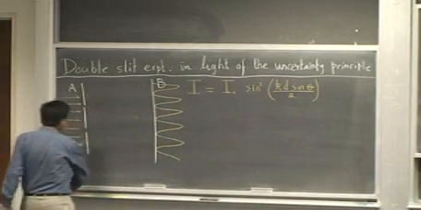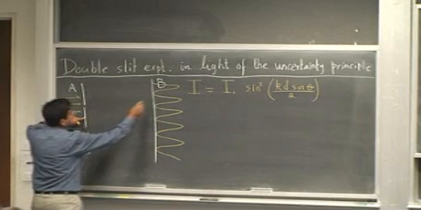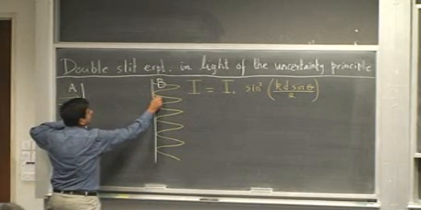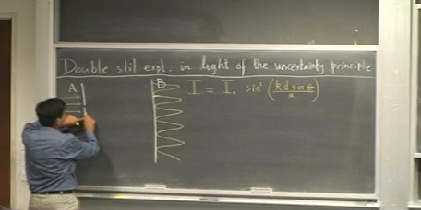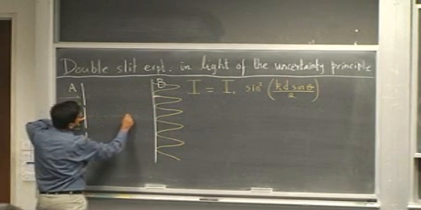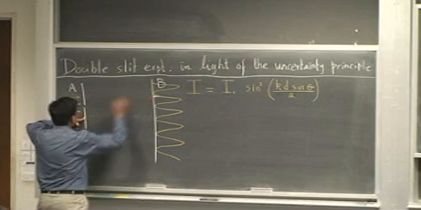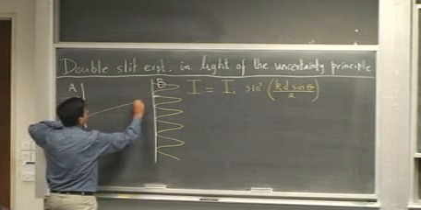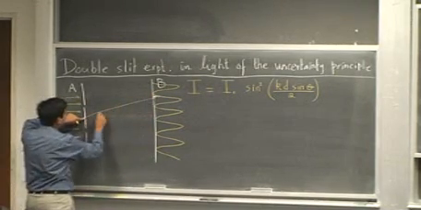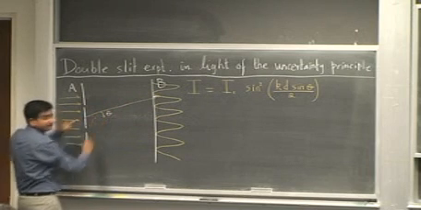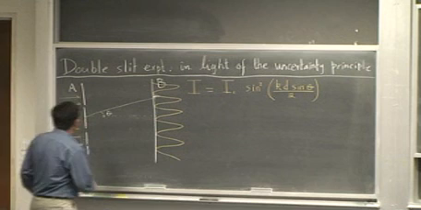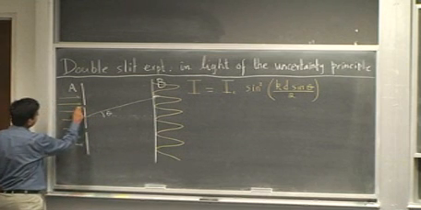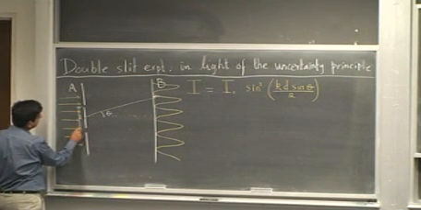And these patterns have a definite mathematical relationship that is given by the intensity I equals some constant I naught sine squared delta over 2, where delta is given by k d sine theta over 2, right? This is something that we've already derived. And how do we define theta? So if you would like to find the intensity at some point, at this point for example, we draw a normal between the screens. We draw a line between the center and this point. This angle is theta. And d is the spacing between the slits.